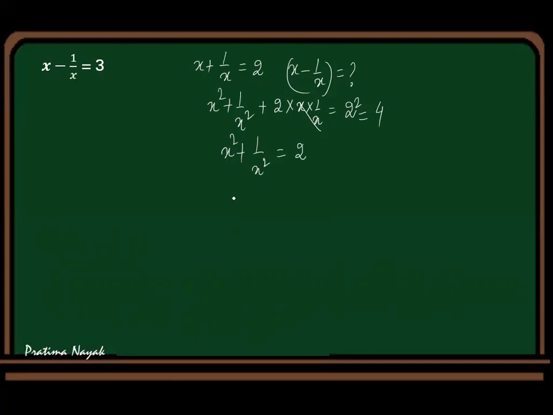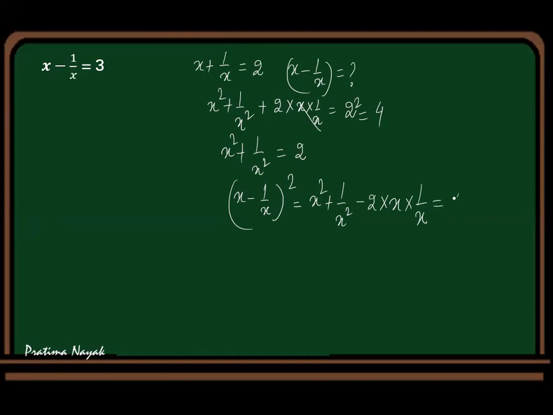Now I am coming to x minus 1 by x. I am writing square. X minus 1 by x whole square is x square plus 1 by x square minus 2 into x into 1 by x.